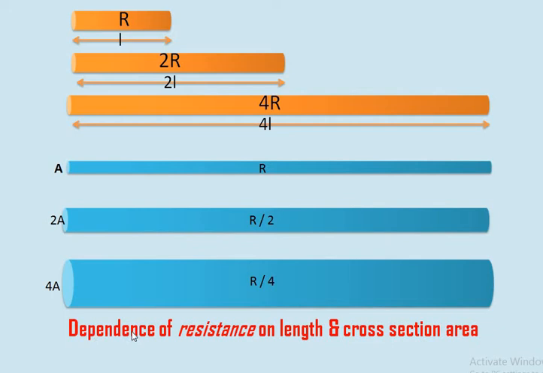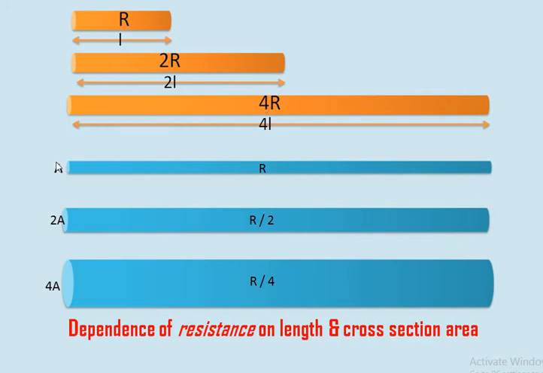Here you can see how resistance is related to length and cross section area. For a wire of length L, if resistance is R, when we take 2L, resistance will become 2R, and when we take 4L, resistance will become 4R.